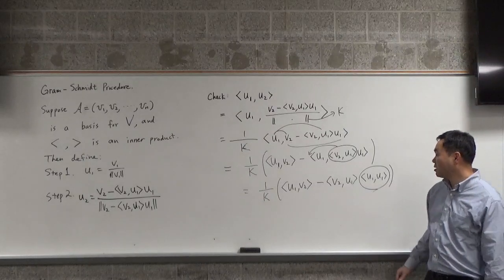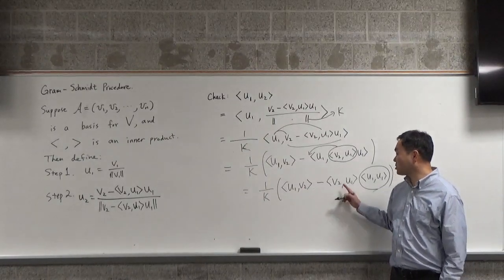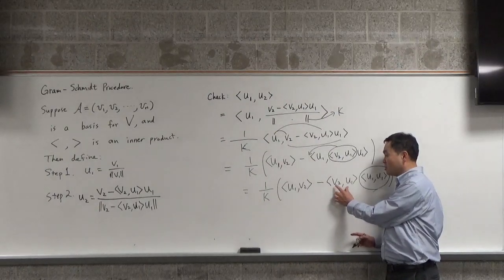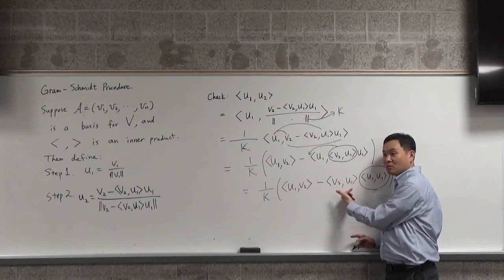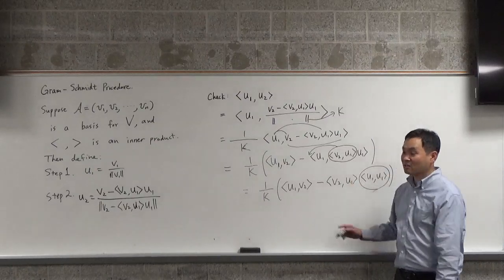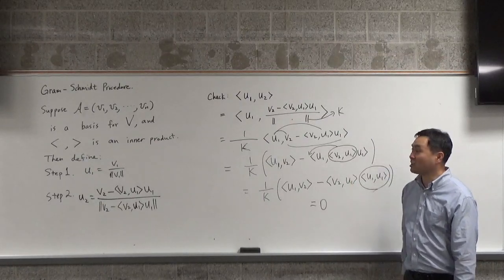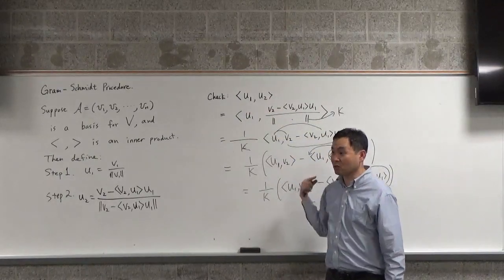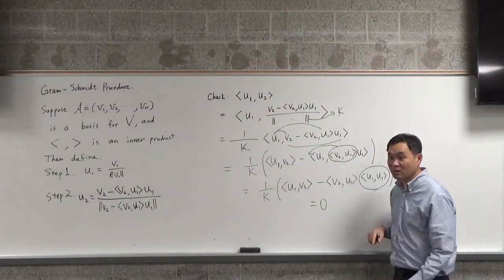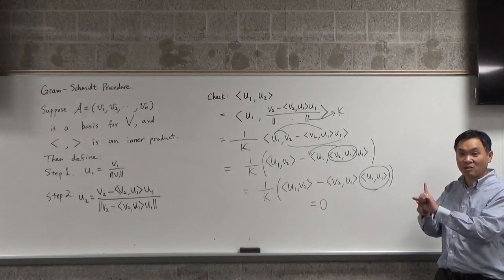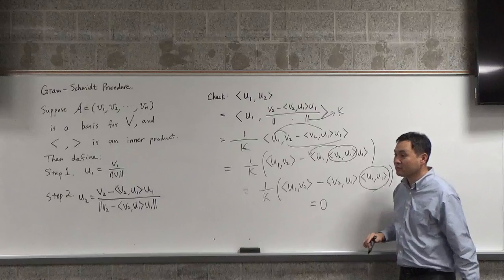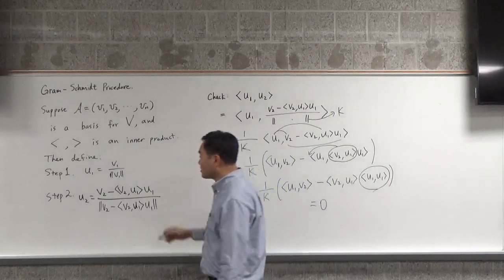Now it's just this minus this, but we're working with a symmetric inner product, so you can switch, and what do you get? 0. So what does that show? We just proved that these two vectors are orthogonal because their inner product is 0. If the dot product is 0, then the angle between them is 90 degrees. Okay. So that's how this works.